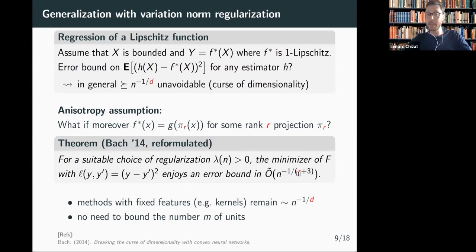So we see now that the exponential dependency is only in R, which is the intrinsic dimension of the problem, and not on d, which is the ambient dimension. In contrast, when we want to learn with fixed features, for instance with kernel methods, we will typically not break the curse of dimensionality in such a setting.